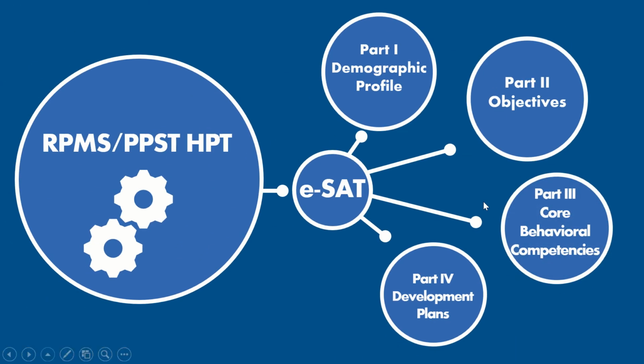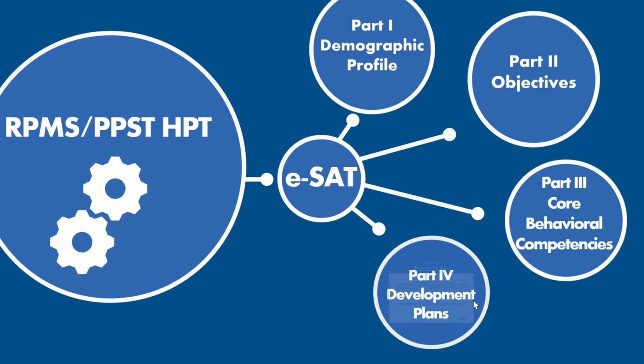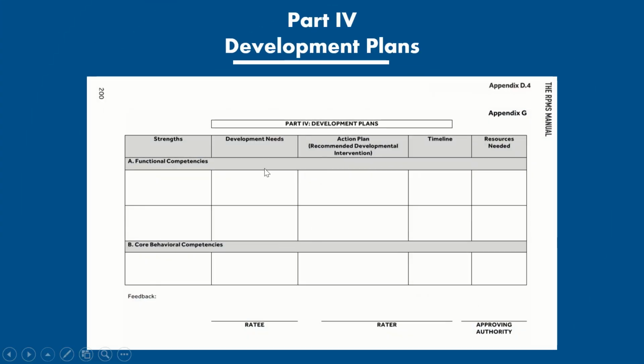Okay, after we have answered part 1, 2, and 3, we now move on to the part 4 of the ESAT, which is the development plans. Okay, under the development plans, we have A and B on the left side of the column. So, under the A po, isusulat natin dyan yung result ng part 2, which is the objectives.